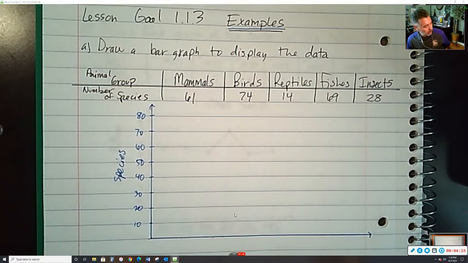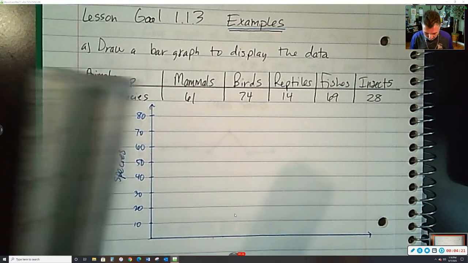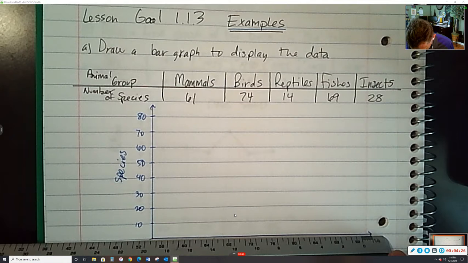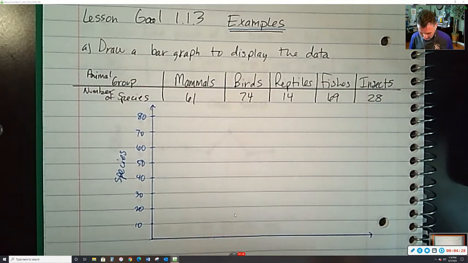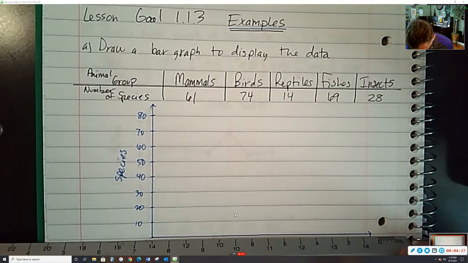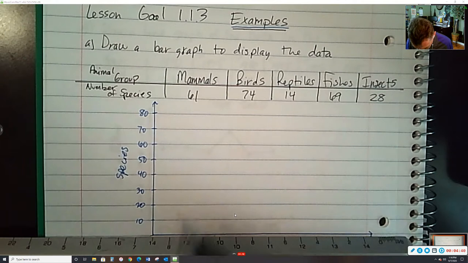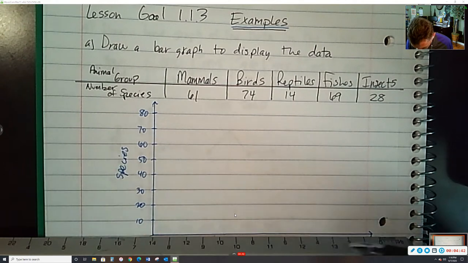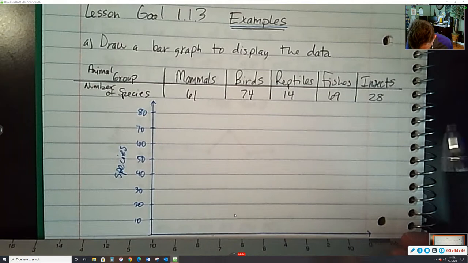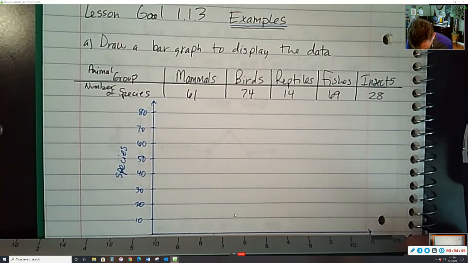And I got a ruler. I'm going to use it to let me evenly space this out. Let's see how I do this. Okay, I got it.